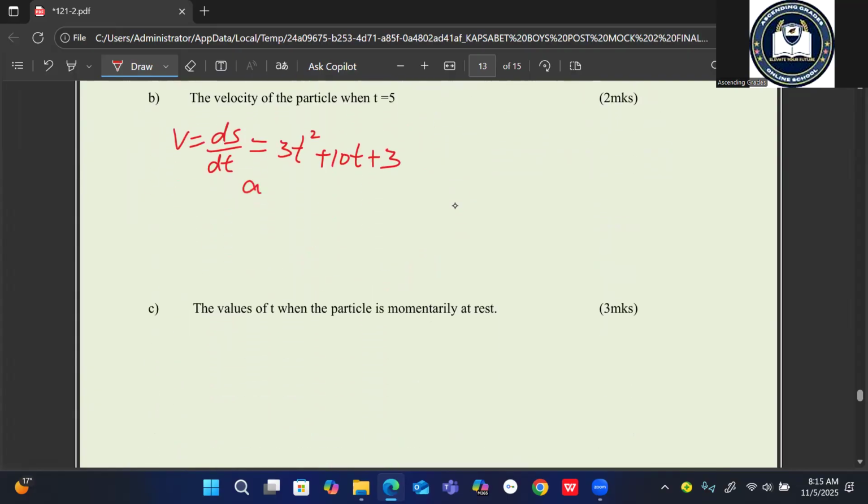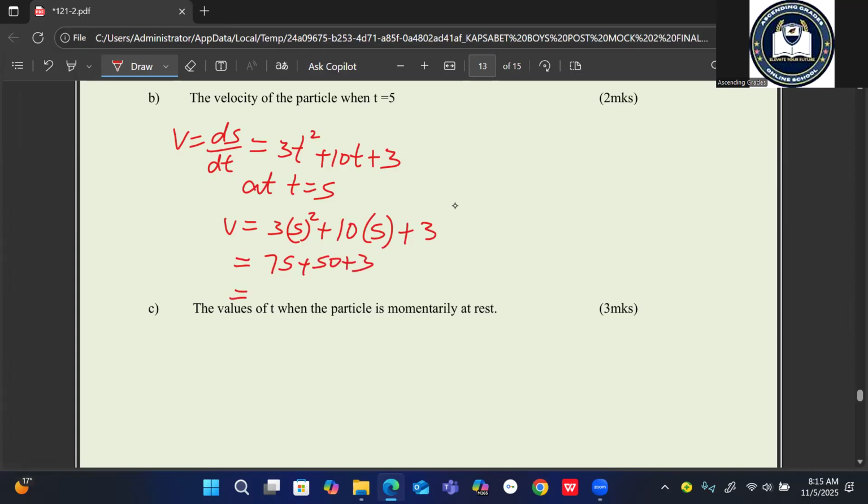So at t is equal to 5, v should be equal to 3 into 5 squared plus 10 into 5, then plus 3. Which gives us 75 plus 50 plus 3.